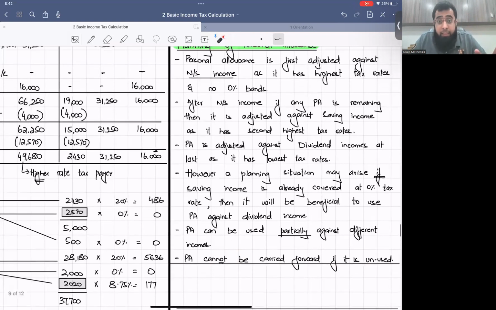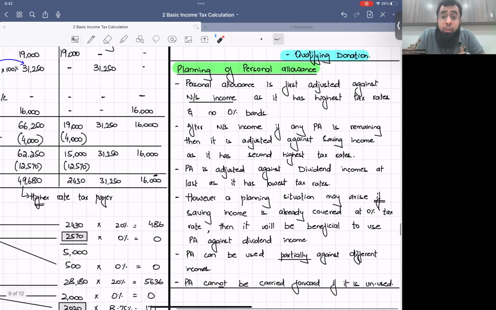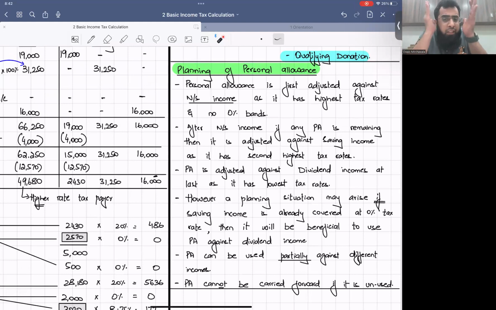I'll repeat it again, and then we'll do the practice questions, obviously, so that it will get clear. First, we offset personal allowance against non-saving, because non-saving income has the highest tax. We want to save maximum. After non-saving, we go for saving because it has the second highest tax rates. And the last hit is on dividend. Are you getting it?